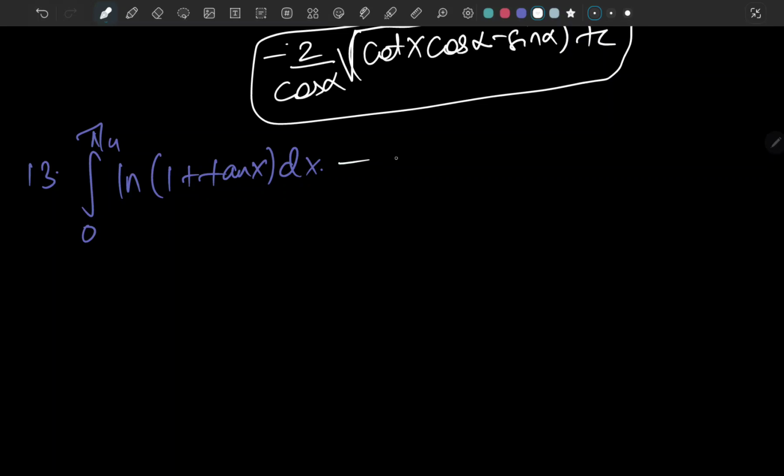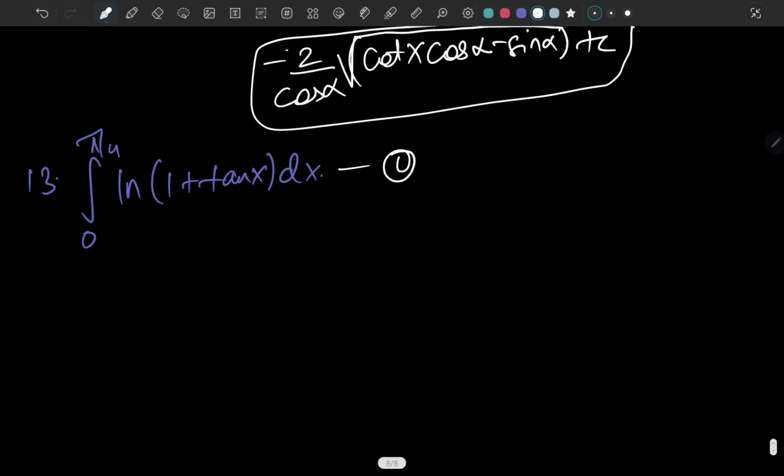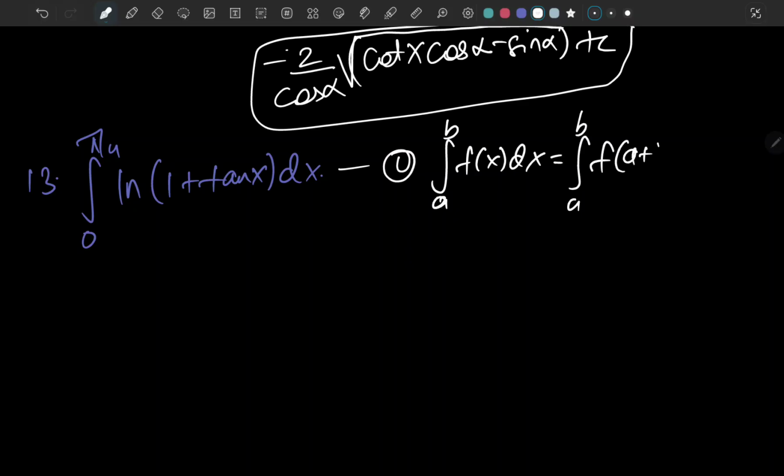So the method would be, step first would be to use this thing: integral a to b of f of x dx equals integral a to b of f of a plus b minus x dx.